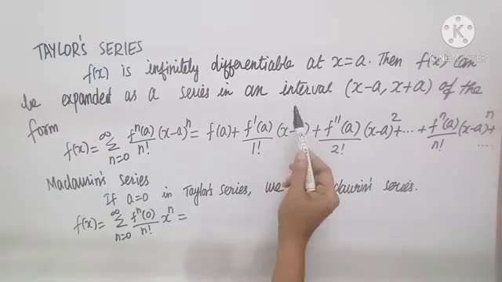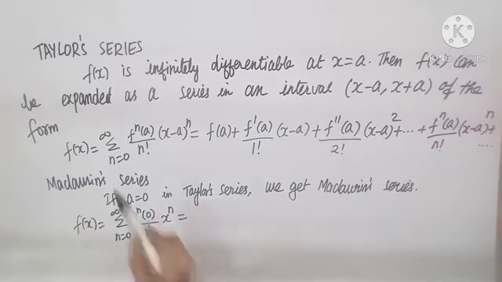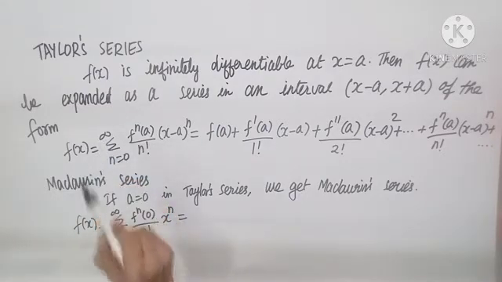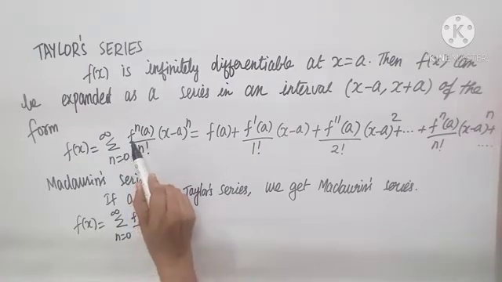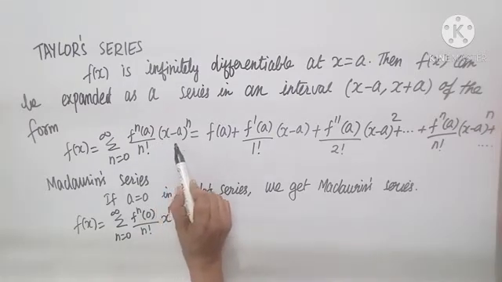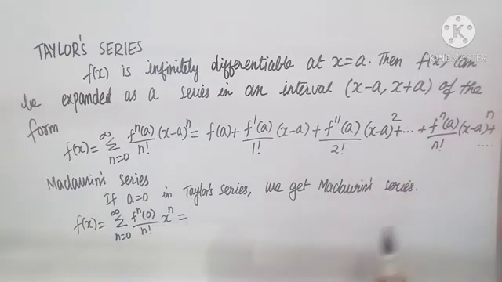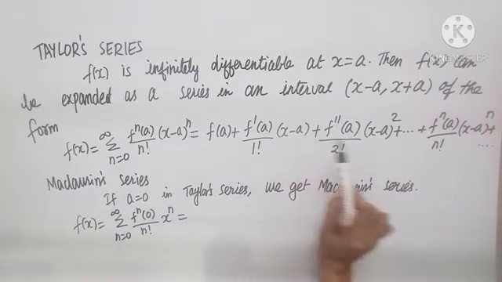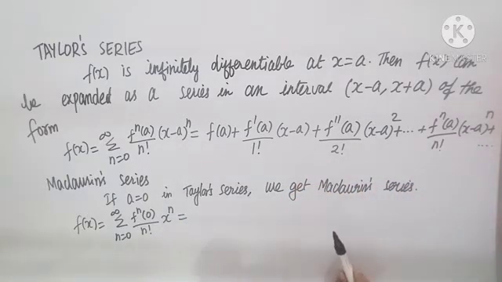We can write f of x like this: sigma summation n equals 0 to infinity, f nth derivative of a by n factorial into x minus a power n. So in the entire series, I have powers of x minus a.